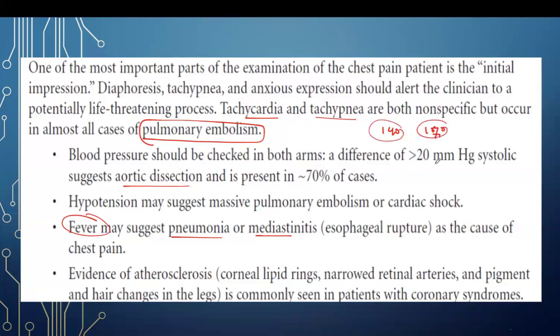So when there is more than a 20 millimeter difference of systolic blood pressure in both arms, and the patient has other features of aortic dissection, this can be a very important clue to your diagnosis. So this sign helps us come to the right diagnosis in the exam. Okay.